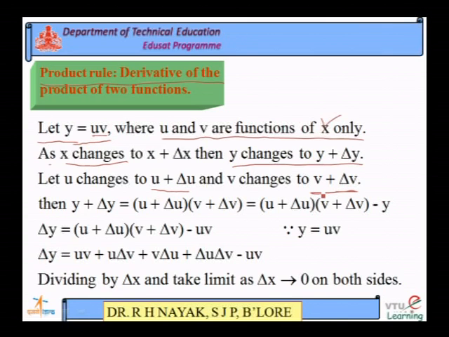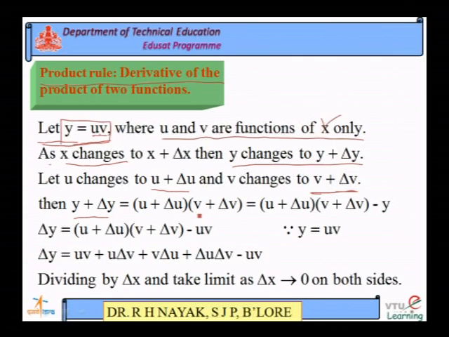All these things are substituted in y is equal to uv. It becomes y plus delta y is equal to u plus delta u into v plus delta v.